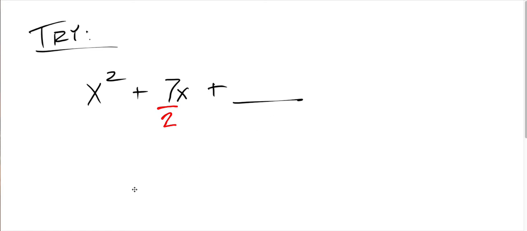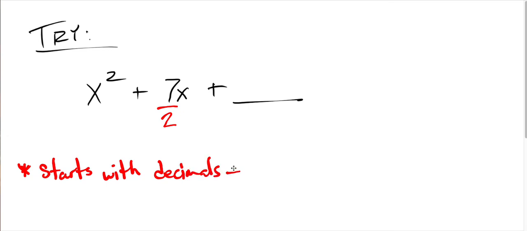General rule of thumb. If a problem starts with decimals, so like if this number in the middle was like 7.3, so if it starts with decimals, then your answer should be in decimals. I mean, it's theoretically not wrong any which way. The only time it would be wrong is if you rounded a decimal, because that's just kind of like estimating.